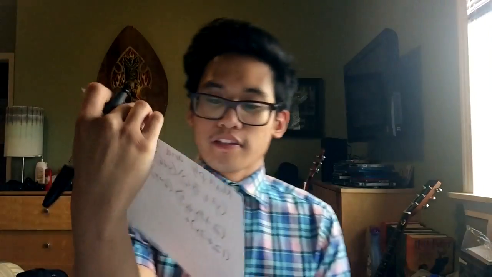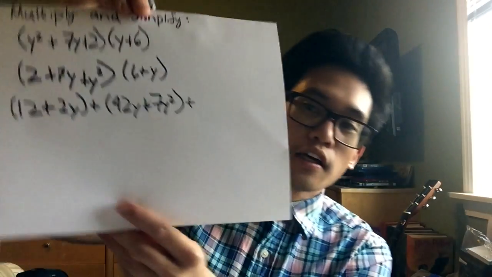Then we're going to times the 7y times the 6, and the 7y times the y. 7y times 6 equals 42y, plus 7 times y, and that is 7y squared. Close parenthesis, add an addition sign. Bam. Next part, y squared times 6 plus y squared times y.